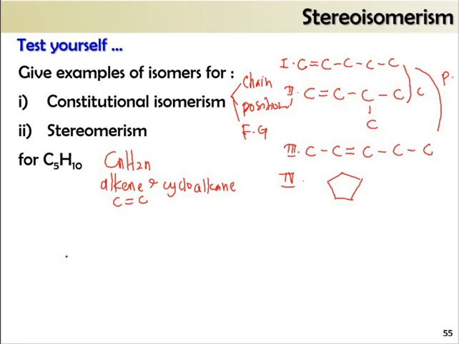Okay, so kita pun cuba. Kalau kita tengok di sini, kita boleh ambil struktur yang ketiga. Okay, sebab dia ada carbon-carbon di sini boleh jadi mempunyai two different atoms or group of atoms for each of the carbon.